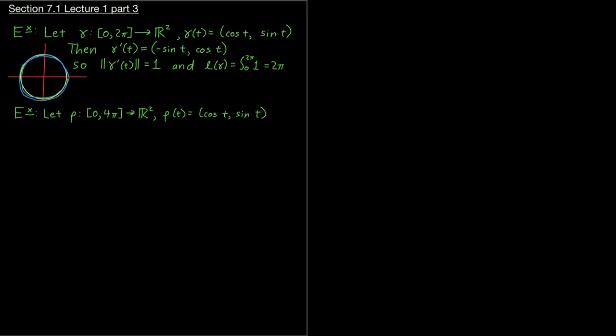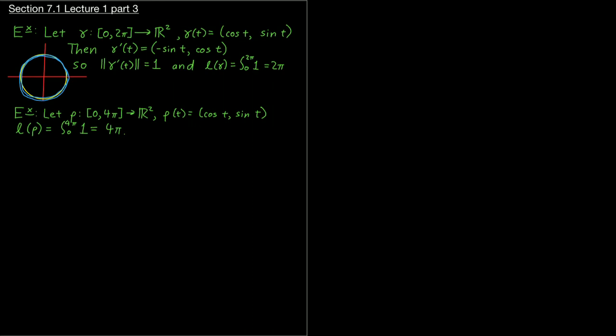So it's still the unit circle, but because we cover it twice, the length of rho is the integral from 0 to 4 pi of 1, which is 4 pi.